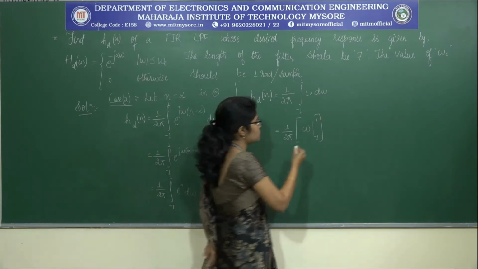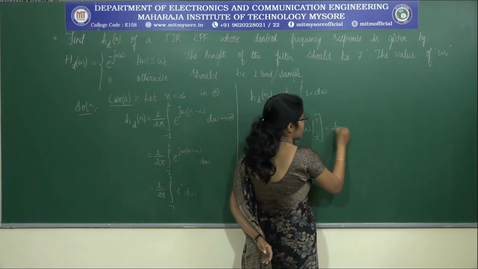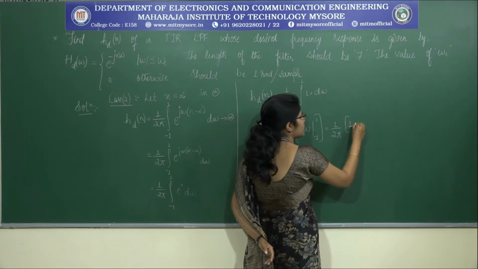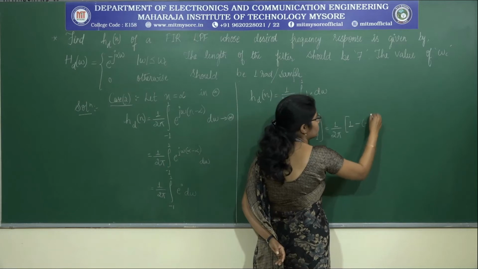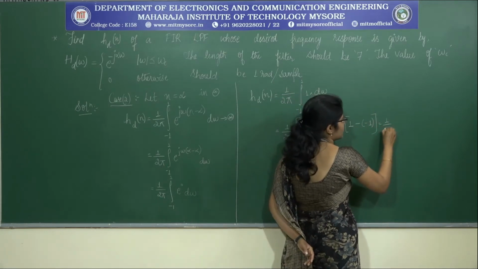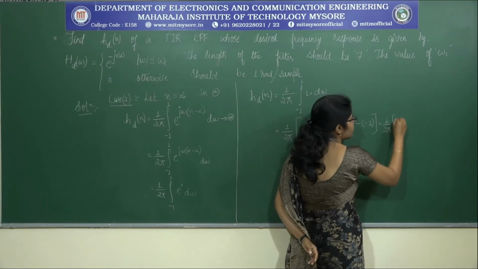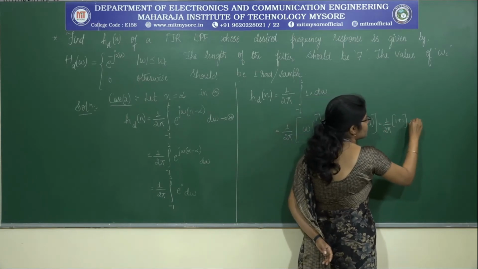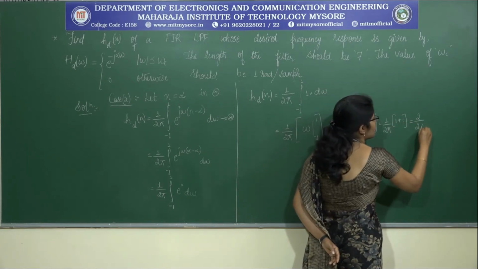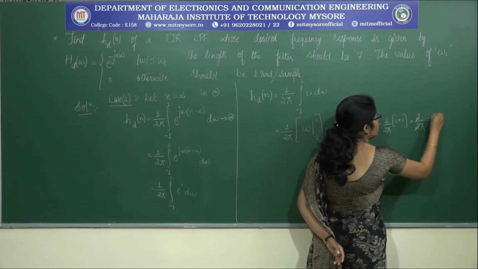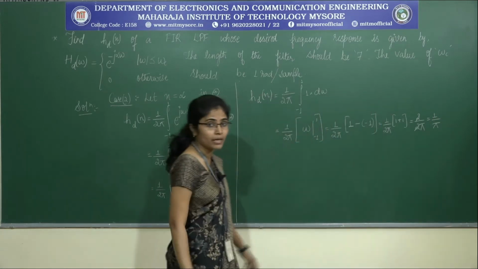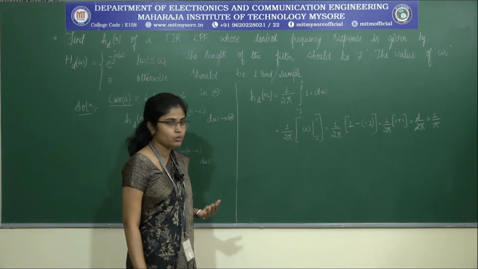Okay. So, if we substitute the limits, it will be 1 by 2 pi into upper limit is 1 minus lower limit is minus 1, minus into minus plus, so it becomes 1 by 2 pi (1 plus 1), which is 2, so 2 by 2 pi. I can cancel 2 with 2, therefore hd of n is equal to 1 by pi when the value of n is equal to alpha.